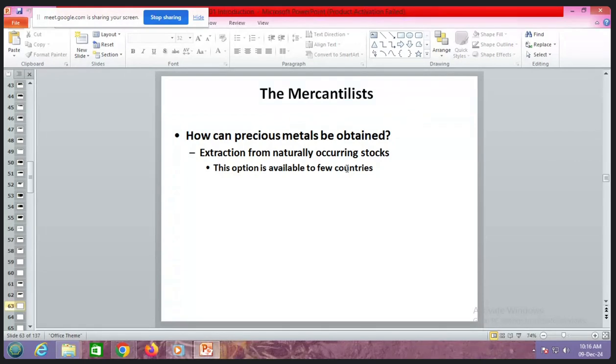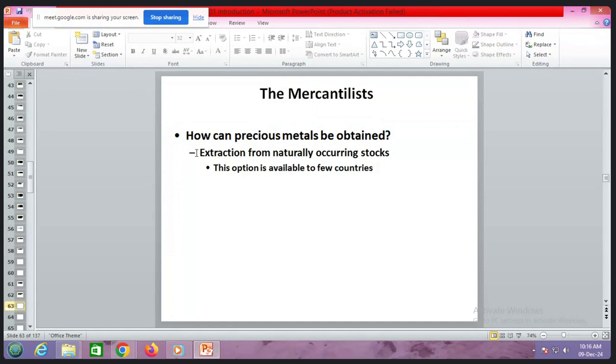The second question is, how am I going to obtain that gold? There are two answers to this. Any country can have a naturally occurring stock of gold or precious metal. It is not just gold, it can be any precious metal that has value.